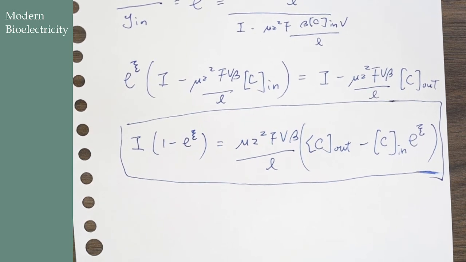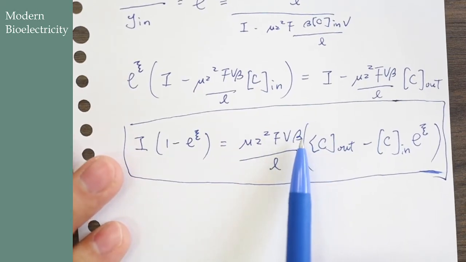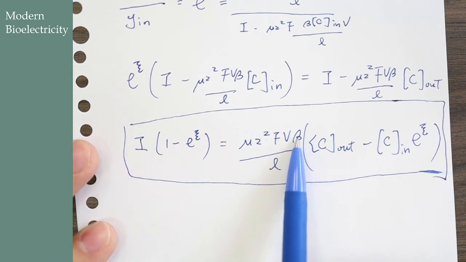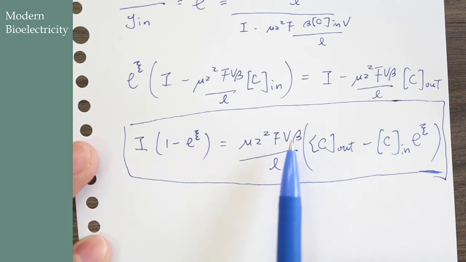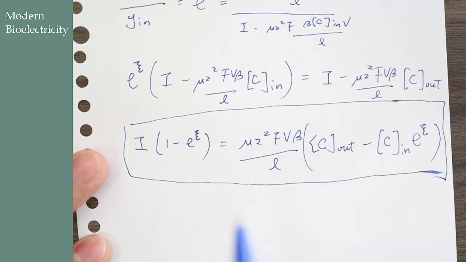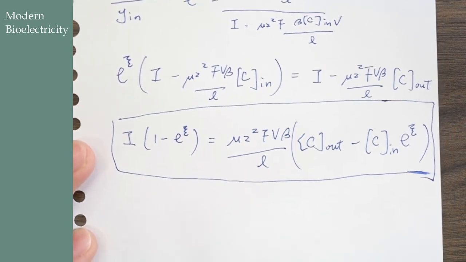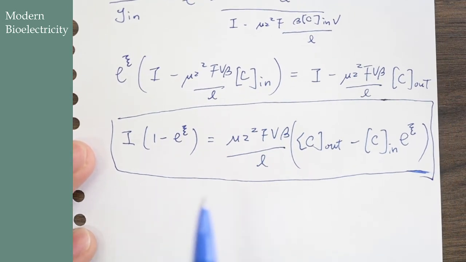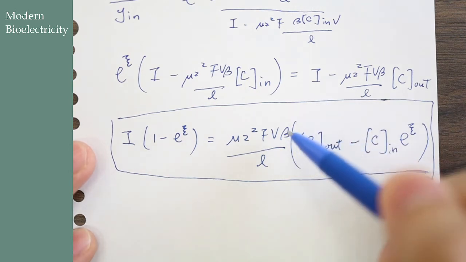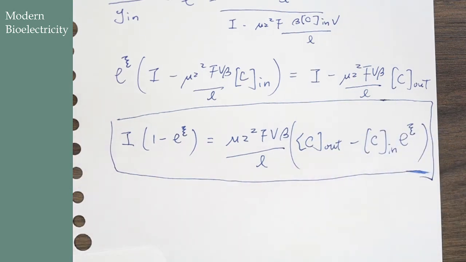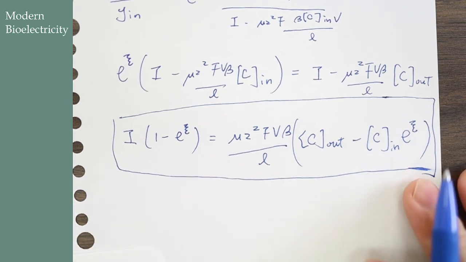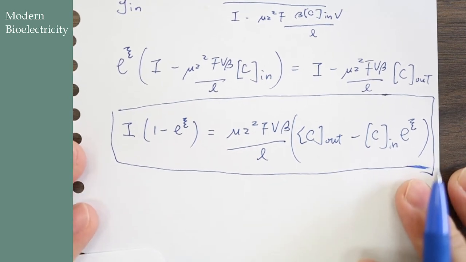We have this beta thing right here, but I don't like it, because we don't know the coefficient of this ion flow from the water to the membrane. It's extremely difficult to find out the coefficient from the water to the lipid bilayer. But something easier to calculate is the permeability.